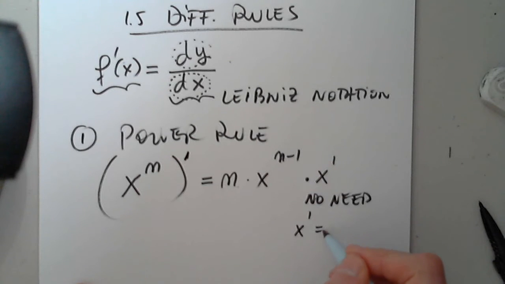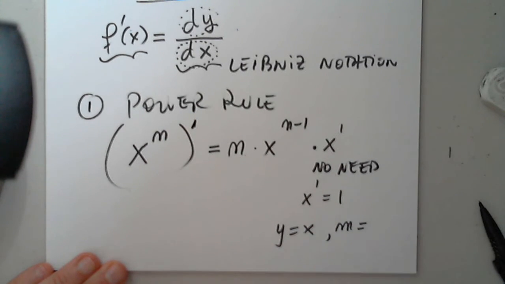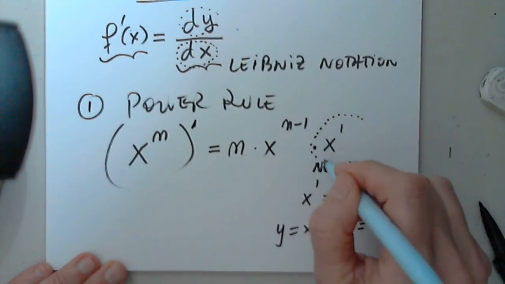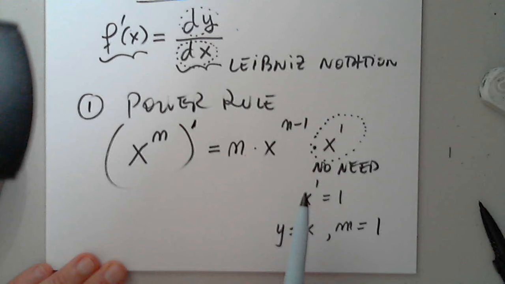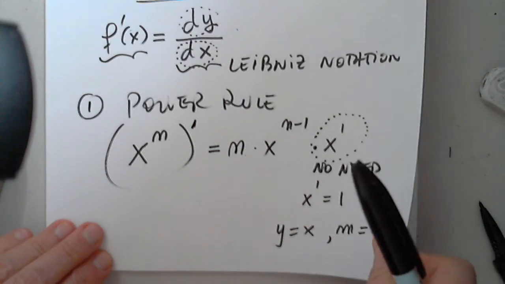Because x prime is 1. What am I asking here? If I have y equals x, what is the slope of this line? What is the rate of change, in other words? 1. Exactly. The slope is 1. So that's why there is no need, but please keep in mind, because very soon we're going to get to a different formula in which we have a function here, but then that will not be 1 anymore. Okay? So that's the power rule.